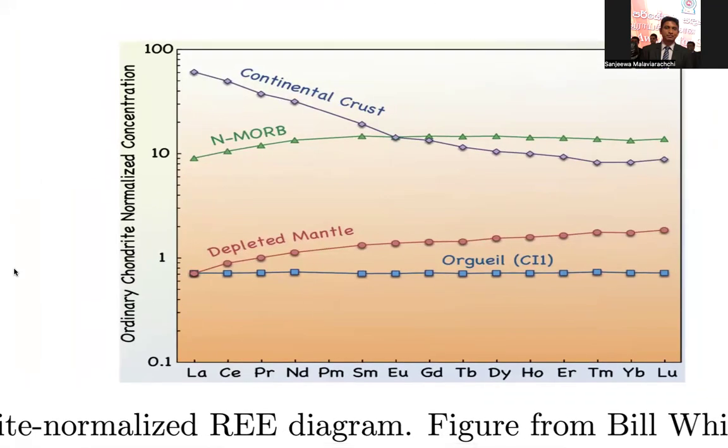For the continental crust, because the incompatible elements are enriched, you have a pattern like this. And then you can see some kind of depletion in the heavy rare earth elements. It's not really flat, but a slight depletion is there.